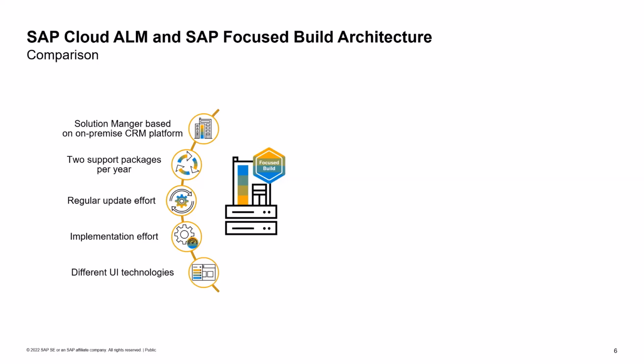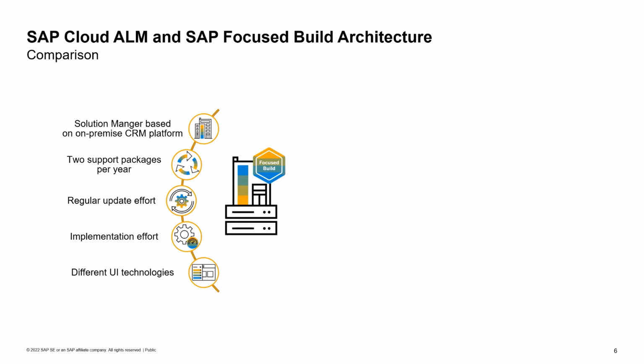And as said, as we have dealt with different solutions which we combined in the Solution Manager, we had to deal with different UI technologies. But we overcame this UI problem by introducing the Fiori-like UI5 UIs with Focus Build. So we harmonized all those UIs so that it was now much more convenient for the end users to use Solution Manager.